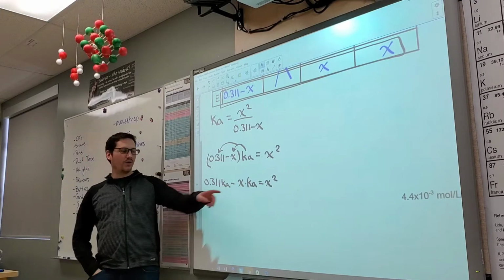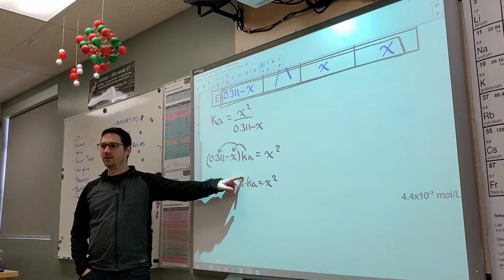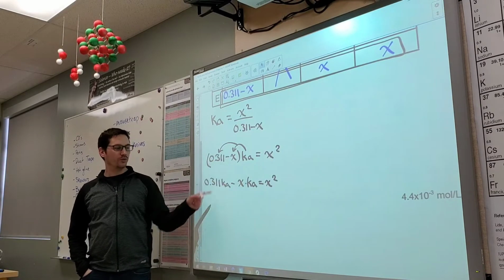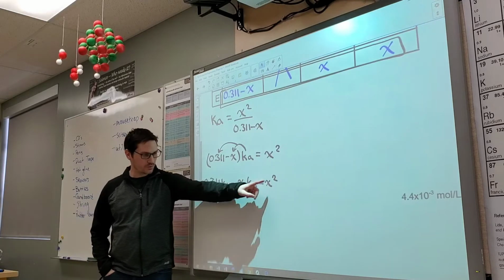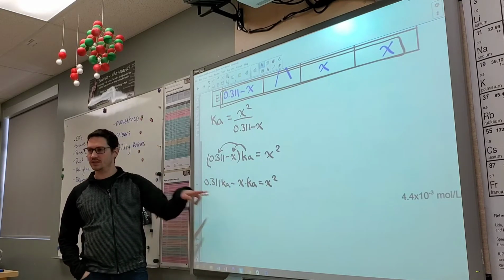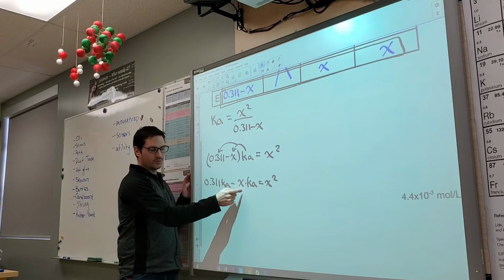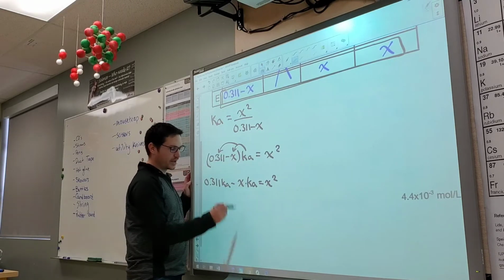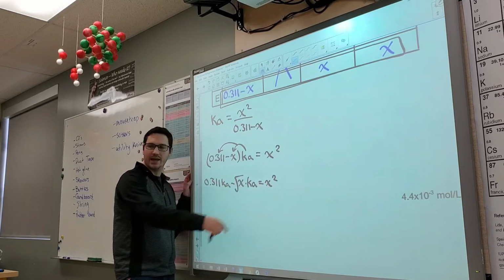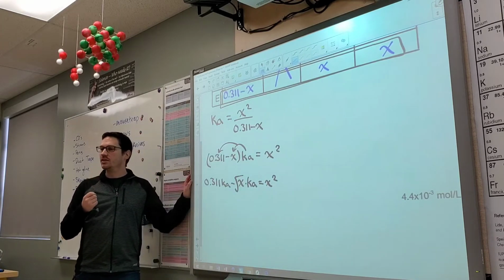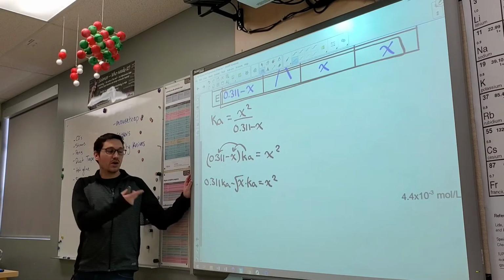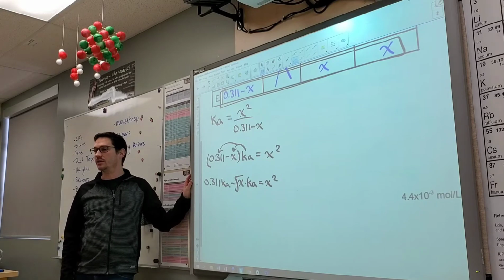Now, I don't have an x squared here. So if you square root that side and then square root this side, keep in mind this is a binomial, but whatever. If you square root this, you will end up with a square root x and an x. This is already a quadratic equation.